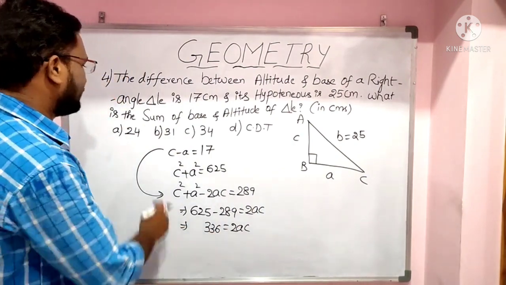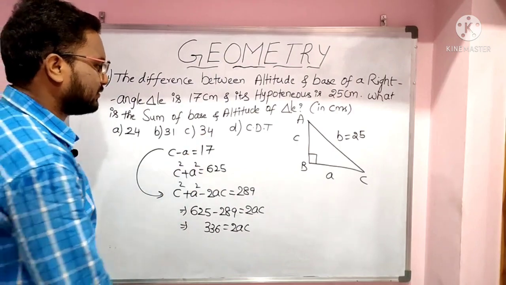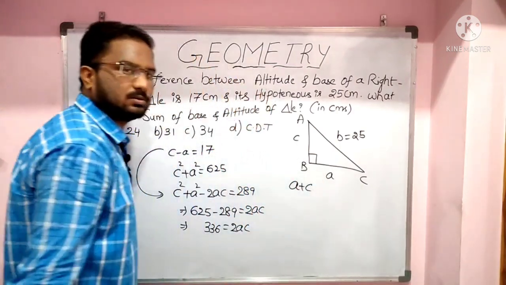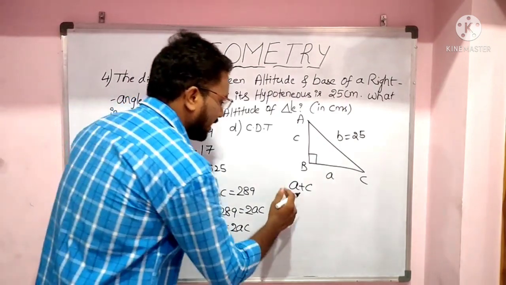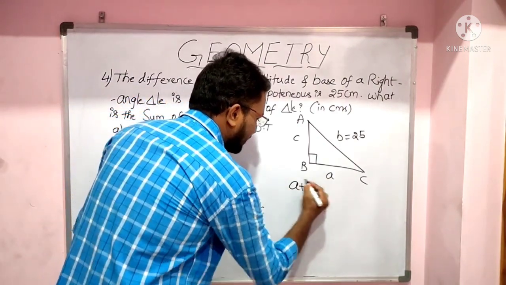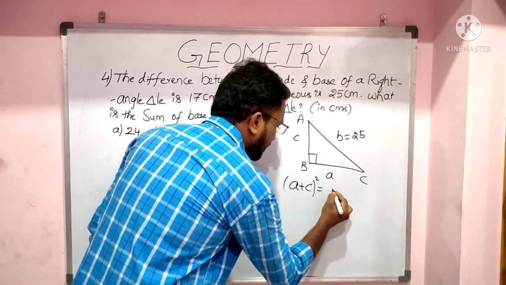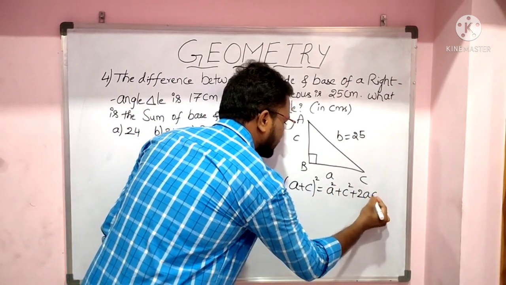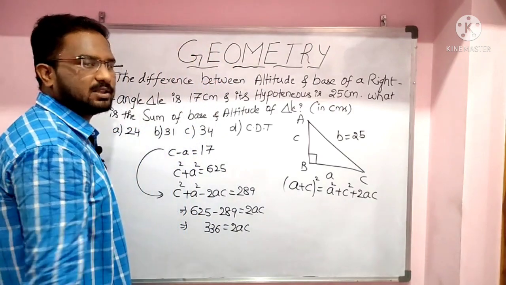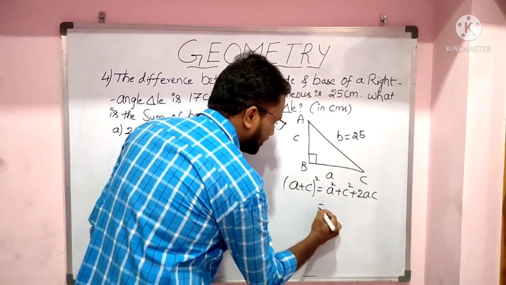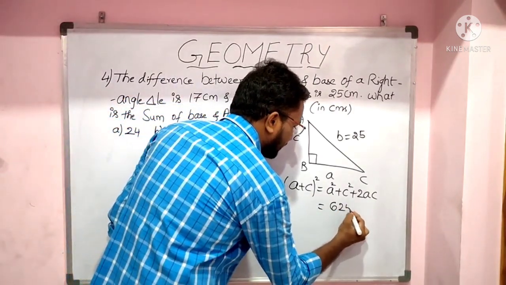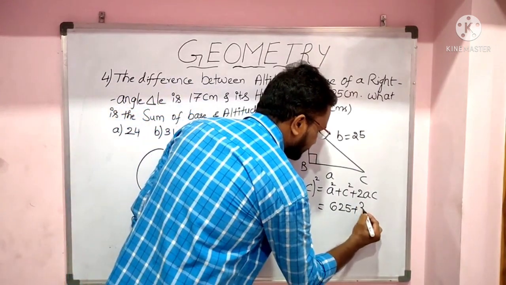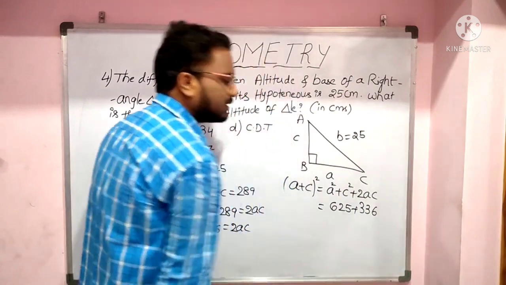So we need to find the sum of base and altitude, so we need to find the a plus c value. So take a plus c whole square first. a plus c whole square equal to a square plus c square plus 2ac. a square plus c square value is 625 and 2ac value is 336.